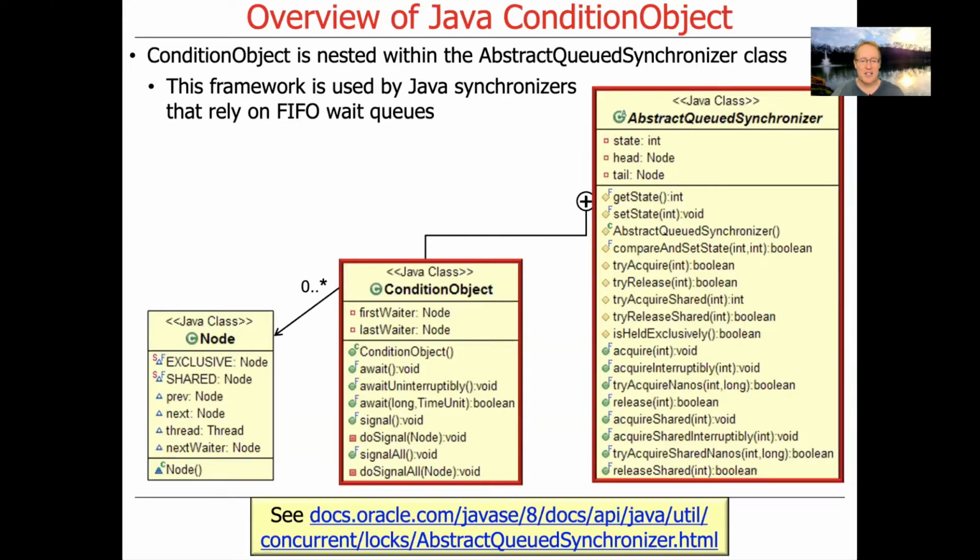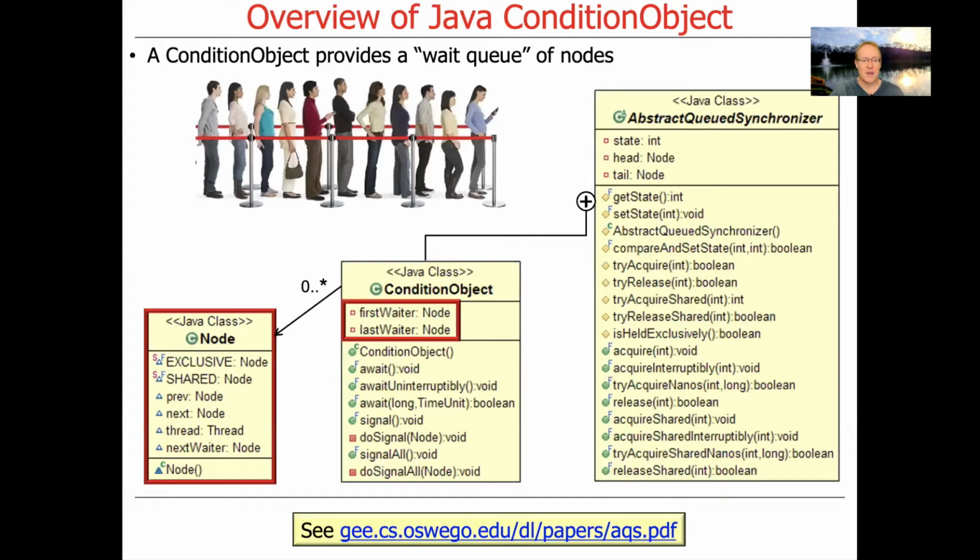Now, the good news is you don't really have to know or care about this, because you rarely, if ever, actually make an instance of a ConditionObject directly. Instead, you use a factory method defined on the Lock interface in order to create the corresponding condition object that's associated with that lock.